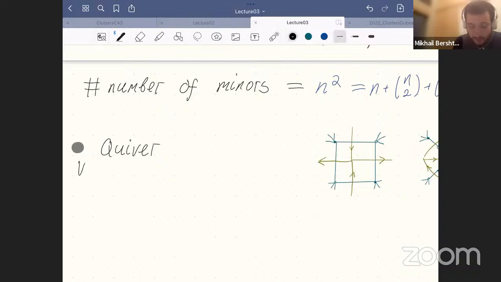The vertices of the quiver correspond to faces of the graph.